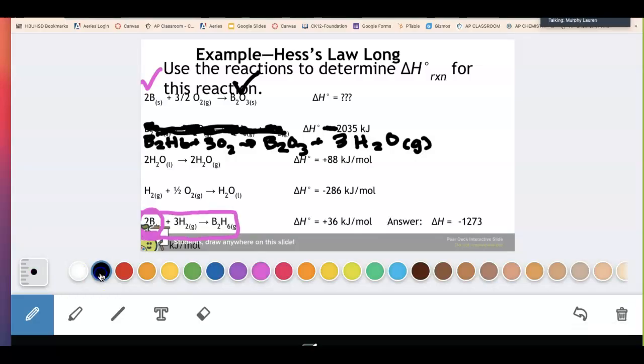So let's do this. And I'm going to keep track of the water. H2O liquid goes to H2 and 1/2 O2. Now flipping it backwards requires me to flip this sign, so this is now positive 286. Then I'm going to cross these off because I don't want them to confuse me. Now I have the hydrogens on opposite sides, which is great because they'll cancel, but I need to multiply by 3.